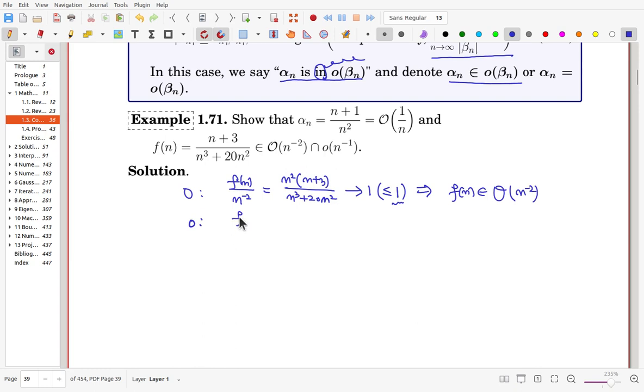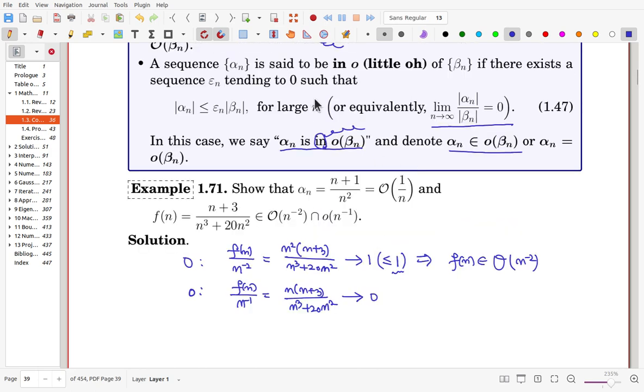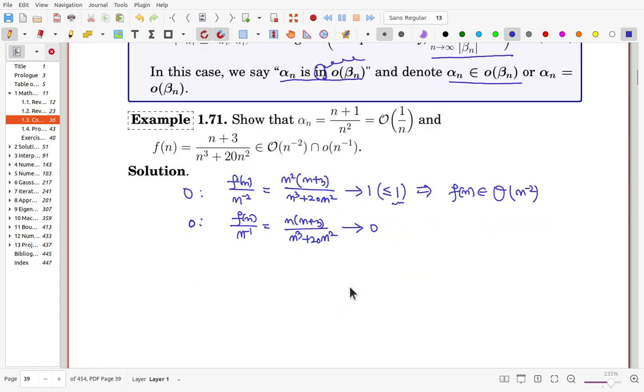Now f of n over n to the minus 1 can be rewritten as n plus 3 over n cubed plus 20 n squared. This is cubic and that is quadratic, so it is approaching 0. So it is satisfying that portion, and we can say that f of n is in little o of n to the minus 1.